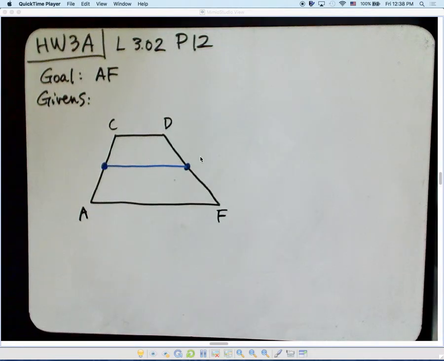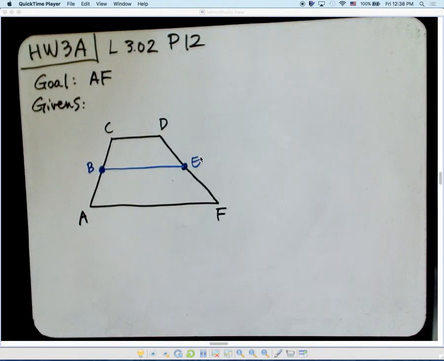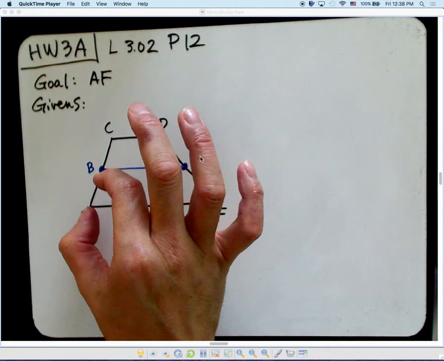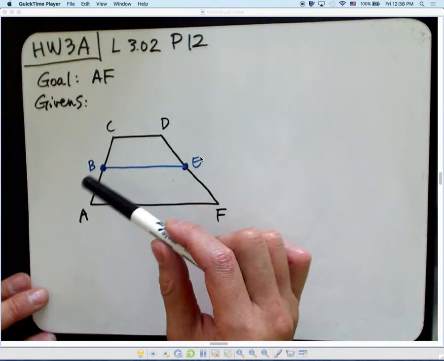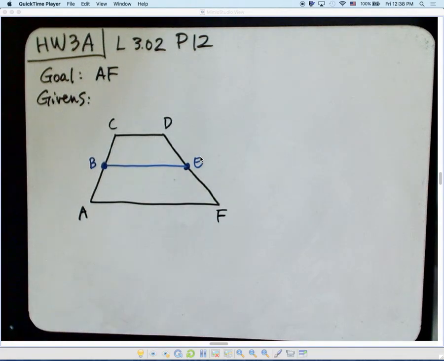Okay, so we know that B and E are midpoints, right? That implies that AB is congruent to BC, so it should have the same length.